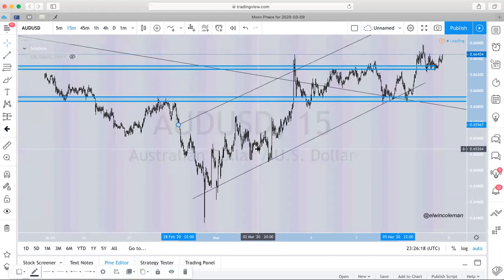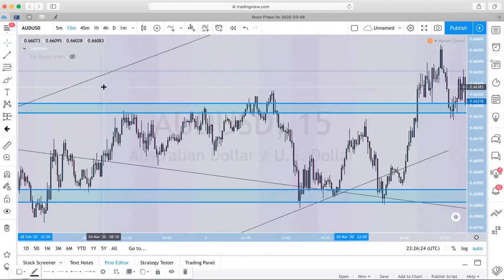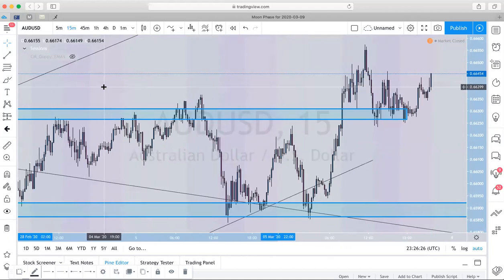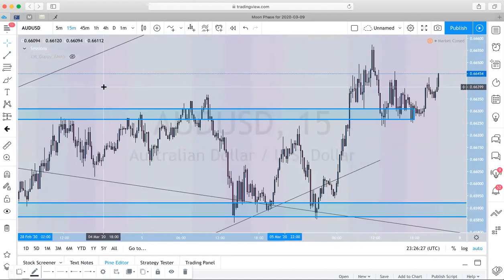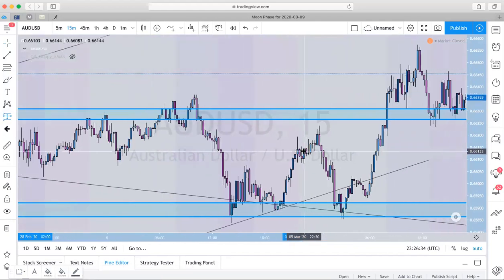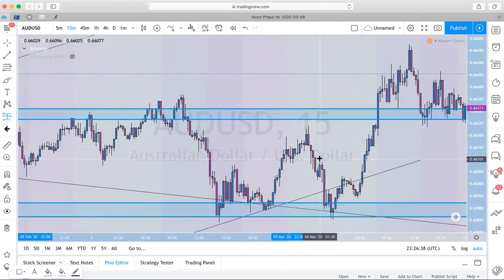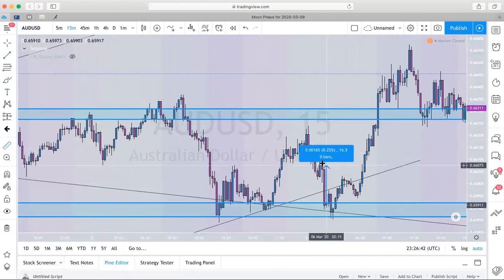This is a trade I actually took, and I was going to give the example. It was actually this trade. Trying to remember where I entered.